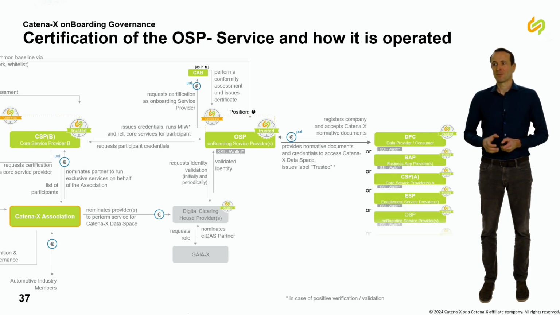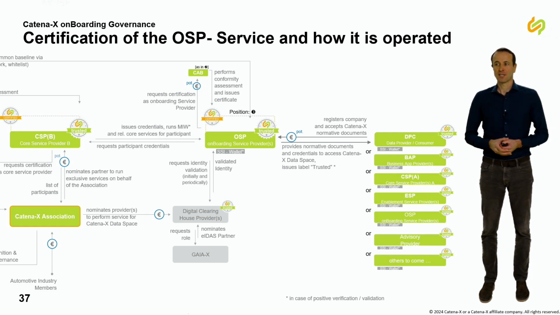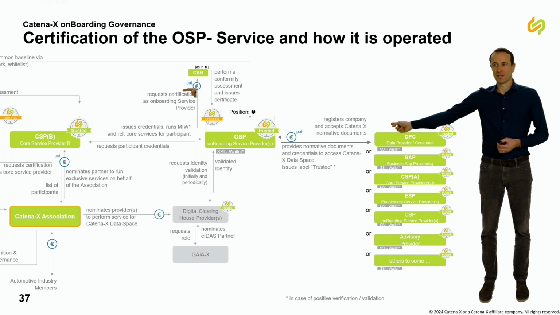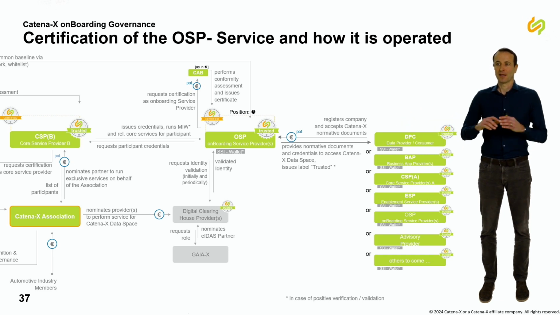But this is not only happening for this, but for all other roles as well: the business application provider who wants to offer software within the data space, a marketplace provider like a CSPA, an enablement service provider, onboarding service providers, an advisory provider or others. Everybody has to go through this process to register with an OSP to get my credentials, and then you're done.